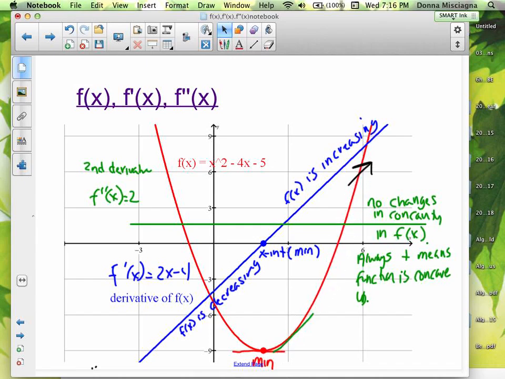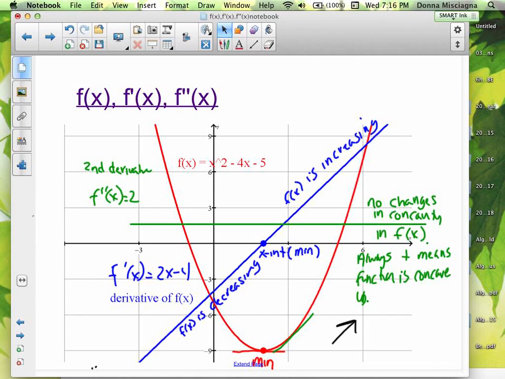Where it's increasing, the graph of our derivative is above the x-axis, right? So we can tell just from the graph of the derivative alone that this has to be a relative min because we go from decreasing to increasing, all right? So just from that, we can tell what kind of relative extrema we have.